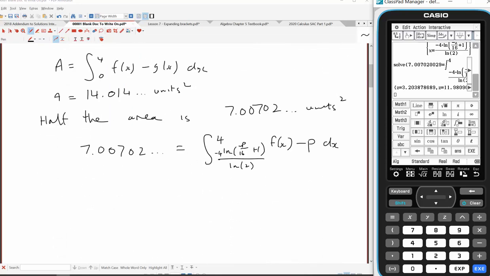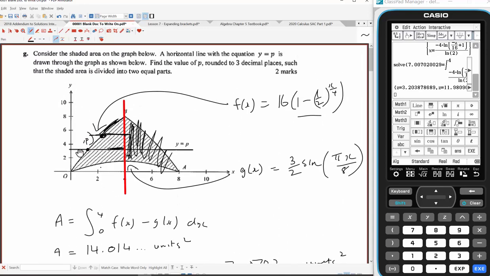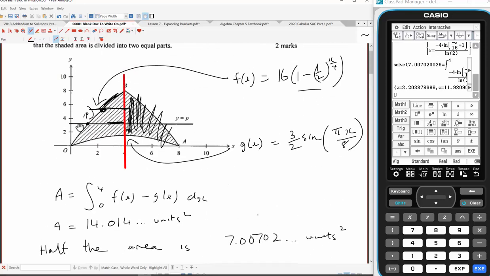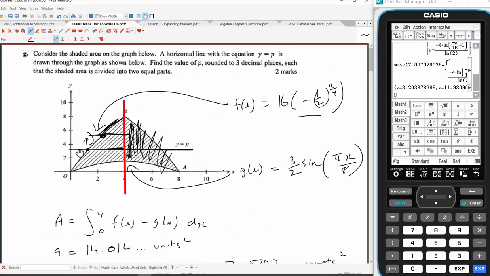So we're going to say that p is equal to 3.20387 ... or I think it's 3 decimal places, therefore p equals 3.204. All right, so there it is there. See how you go with understanding that, and yeah, ask some questions.